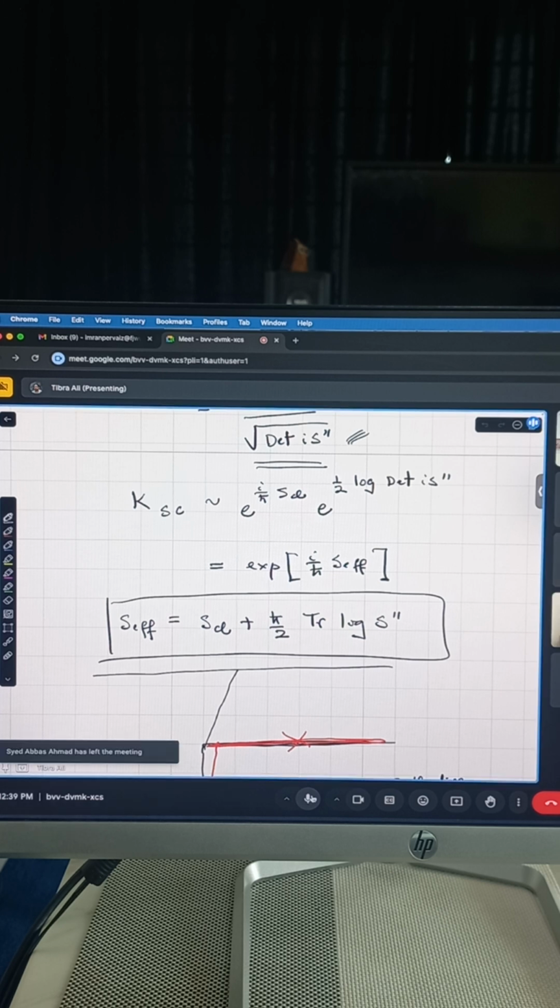But even that cannot be exactly computed. This is a formal expression. If, for example, our Lagrangian is not quadratic, the trace log of S double prime cannot be computed exactly. It has to be calculated in perturbation theory.